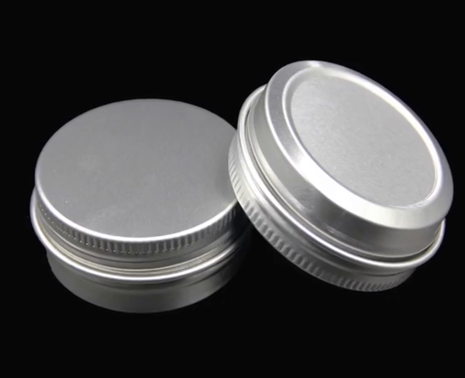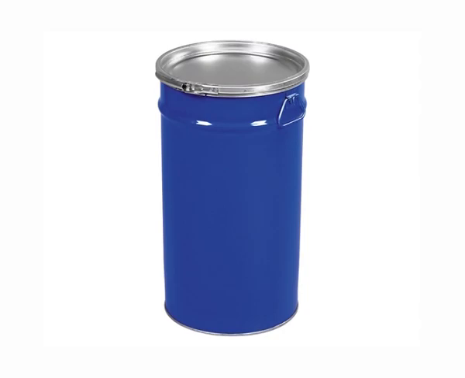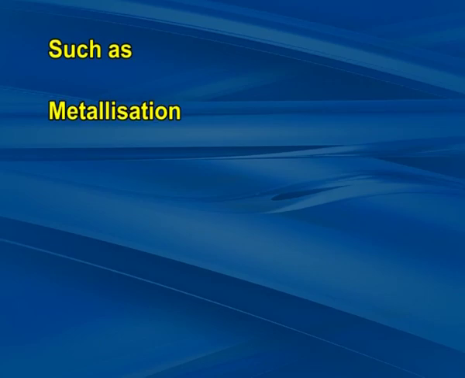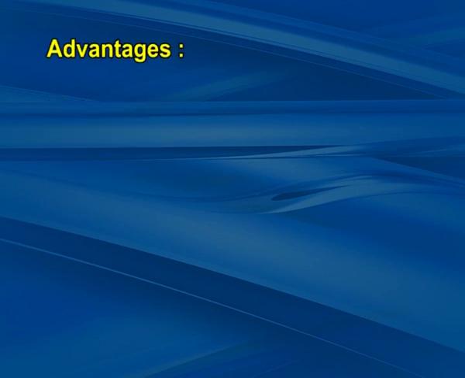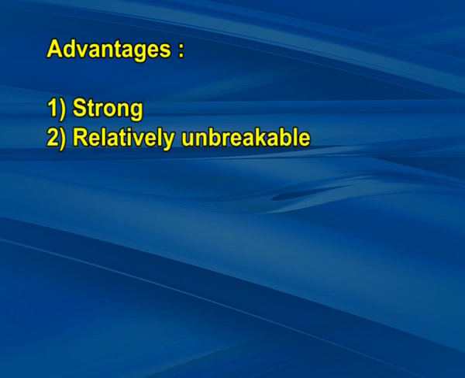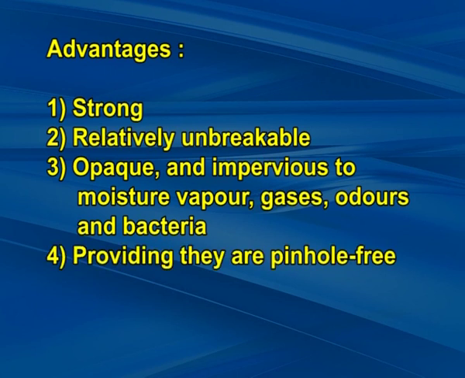However, metal is being increasingly challenged by plastics, glass, and composite materials which involve a wide range of coating processes such as metallization, silica oxide, and carbon. Advantages: metal containers are strong, relatively unbreakable, opaque, and impervious to moisture, vapor, gases, odors, and bacteria, providing they are pinhole free.